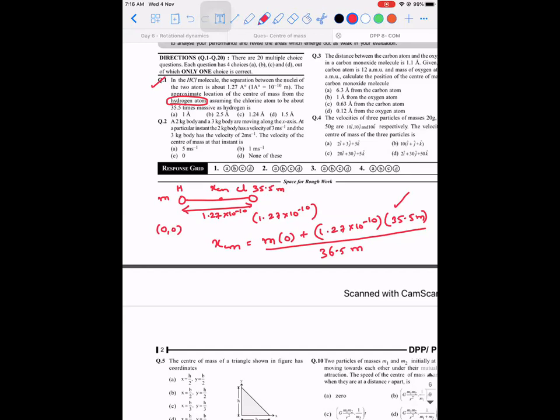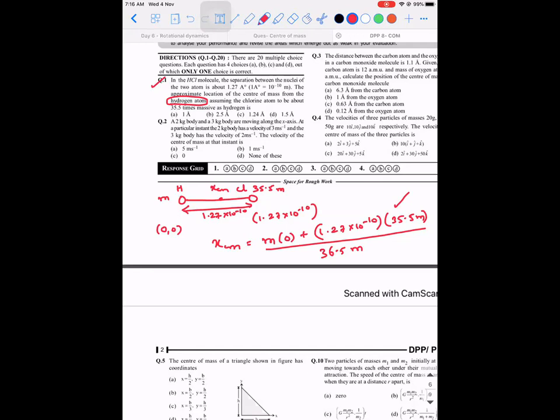One point I would like to mention is, when you calculate the center of mass, to which point do you think it will be close? Will it be close to hydrogen or close to chlorine? Chlorine. Reason? Heavier mass. Yes. So please make a note, everyone.